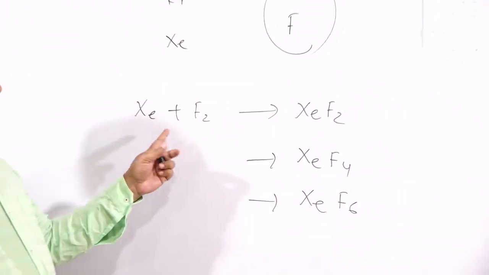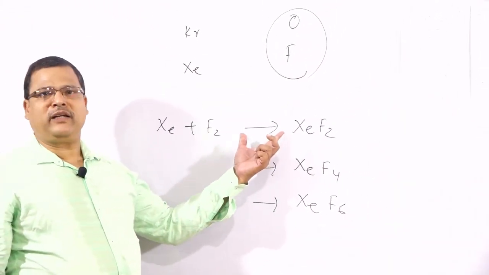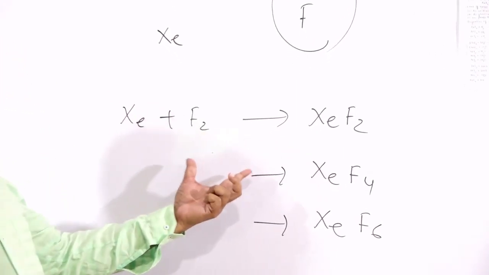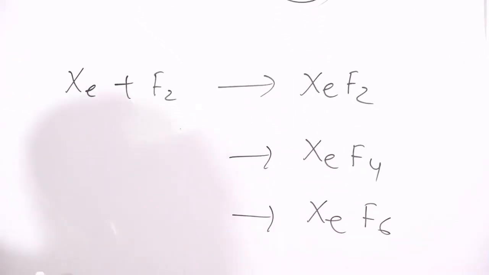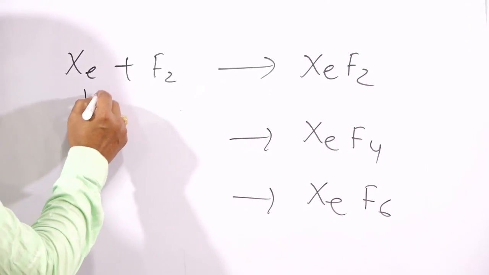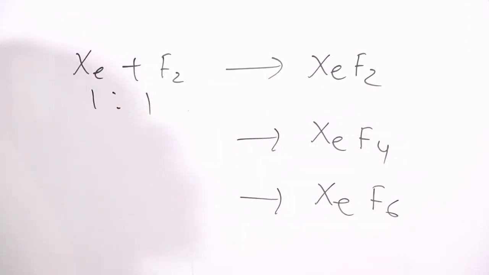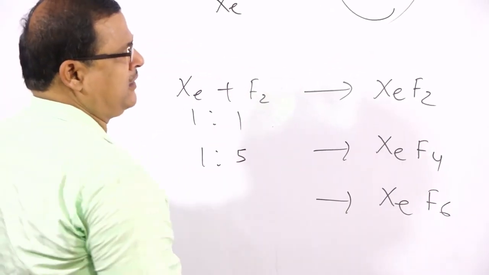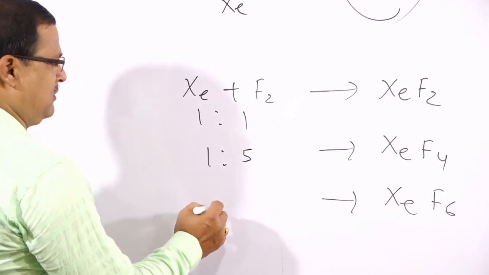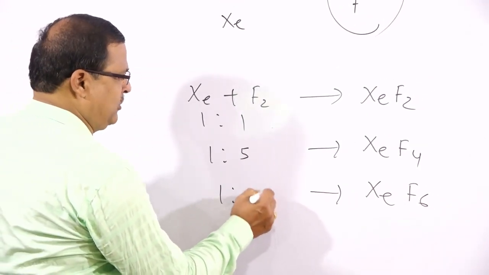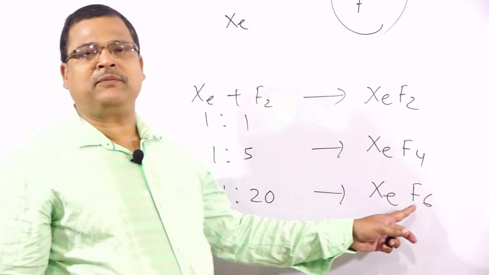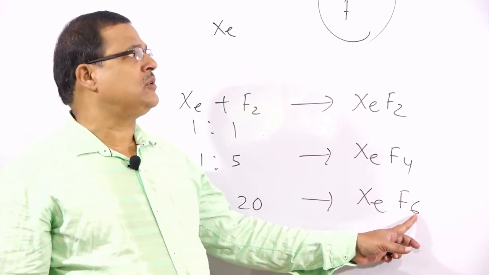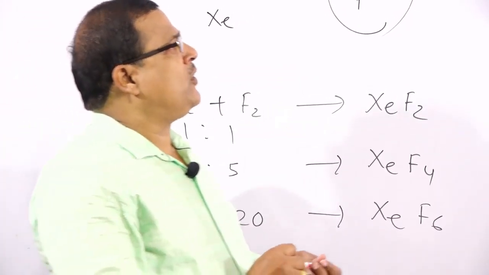These compounds are produced under different conditions by taking different ratios of these two elements. Whenever we take a 1:1 ratio, there is the formation of xenon difluoride. With a 1:5 ratio, there is the formation of xenon tetrafluoride. With a 1:20 ratio, there is the formation of xenon hexafluoride. So these are the conditions.